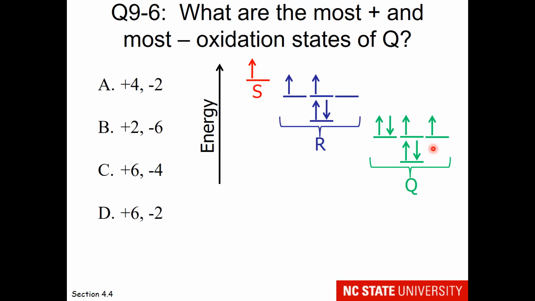How about mystery element Q? We'd like to know the most positive and most negative oxidation states of Q. Q has 6 electrons in the valence band. So think about how many electrons can be lost and how many electrons can be placed in the vacancies in that valence band.